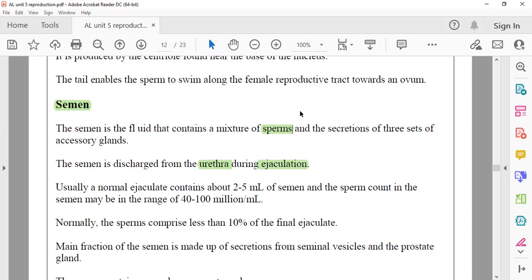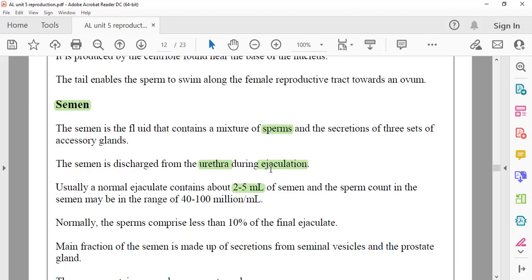At a time, 2 to 5 milliliters of semen will be ejaculated. How many milliliters? 2 to 5 milliliters in one ejaculation.